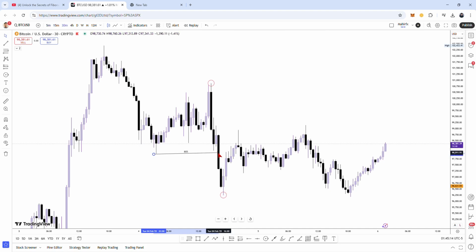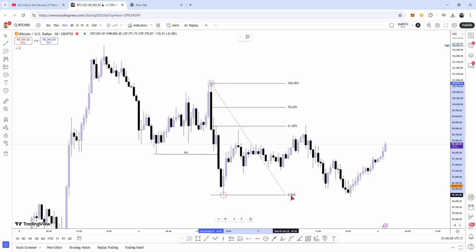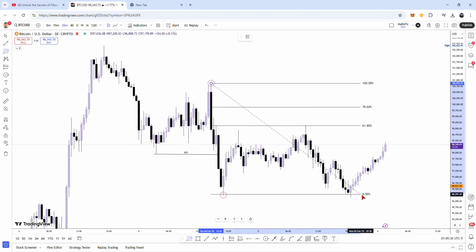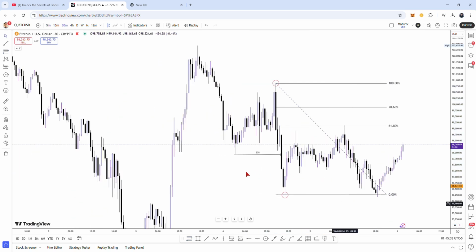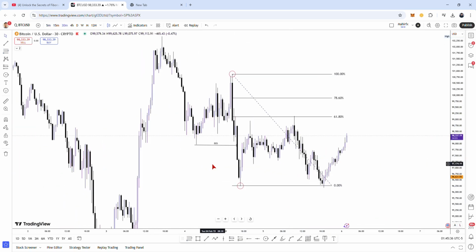After marking the swing high, the swing low and the break of structure, we're going to make sure that we draw our Fibonacci retracement tool. The rule says if the market is trending down, we have to mark from the higher to the lower level.